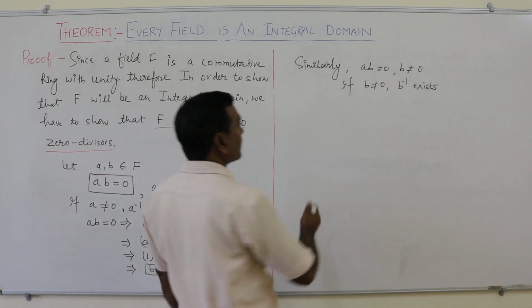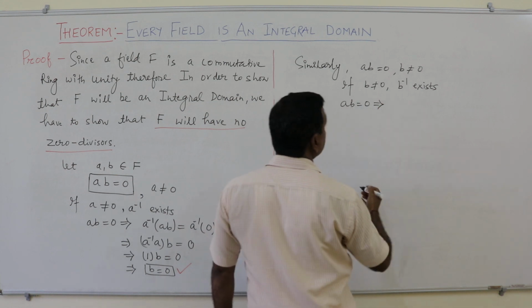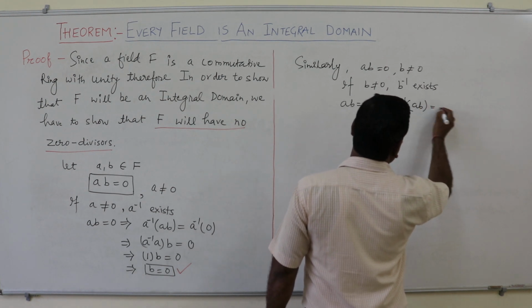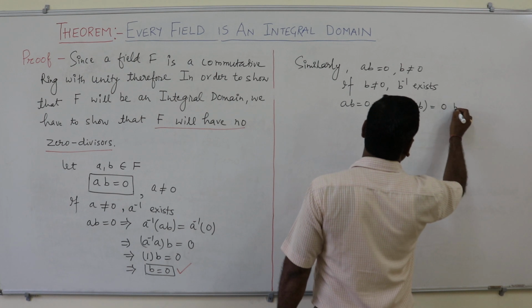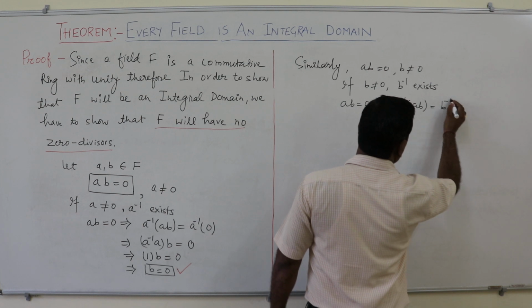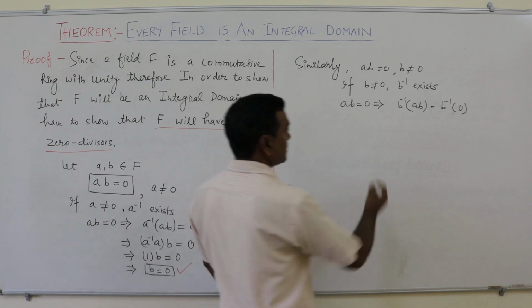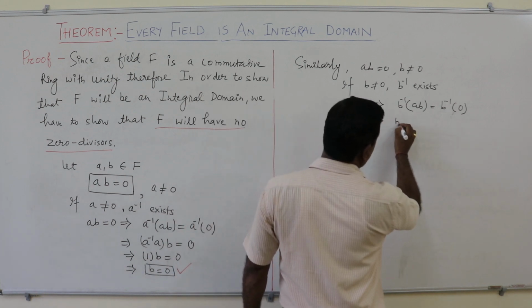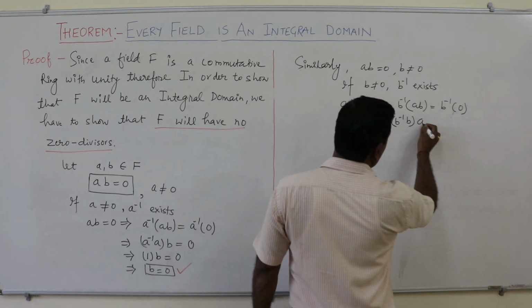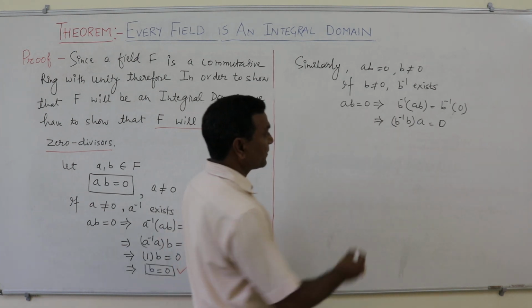Now since AB equals 0, this implies B inverse AB equals B inverse 0, and this implies B inverse B A equals 0.